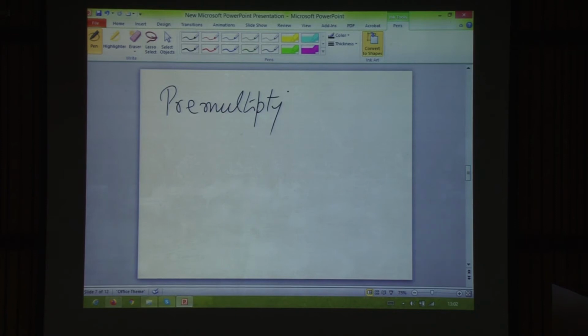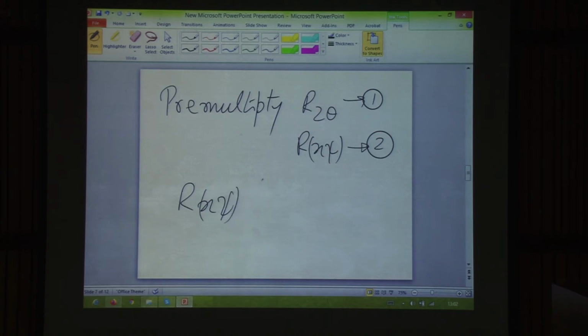Please remember that you have to pre-multiply the matrices. So first, say R_z(theta) is my first rotation, and let us say R_x(psi) is my second rotation. Then in order to find the combined matrix, I will pre-multiply, so this is 1, this is 2, and it will become R_x(psi) into R_z(theta).